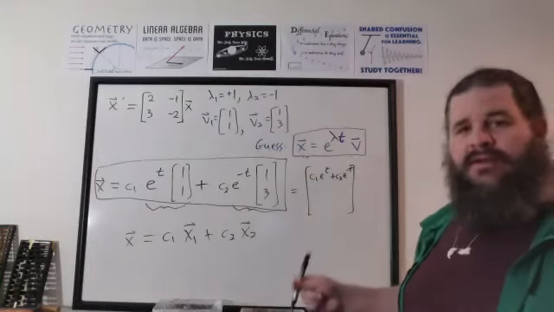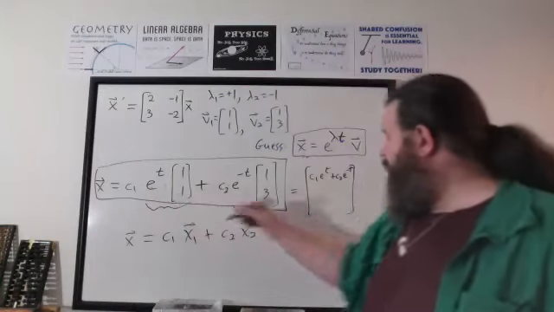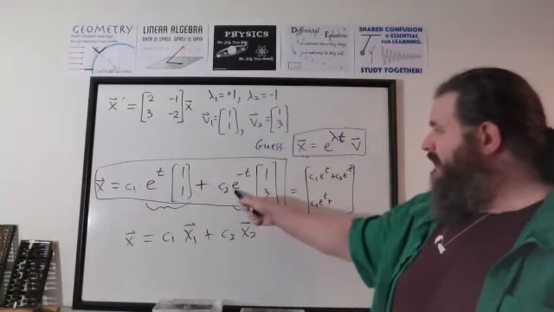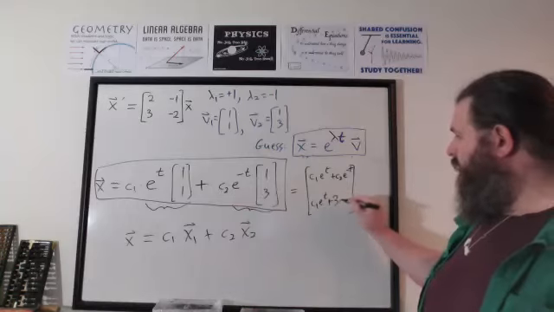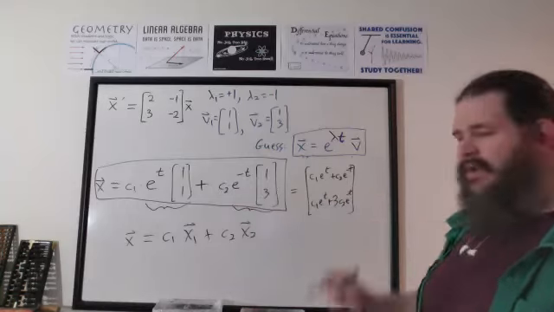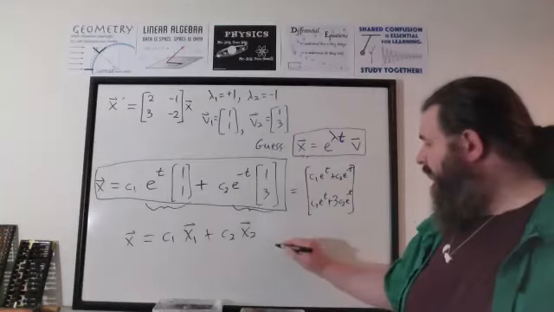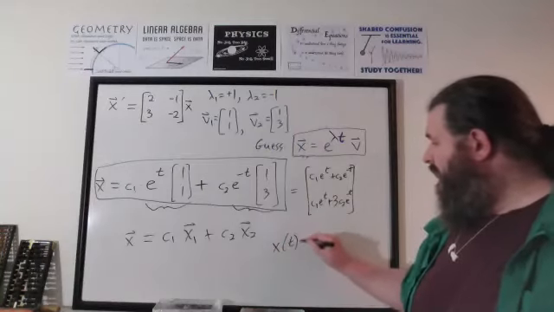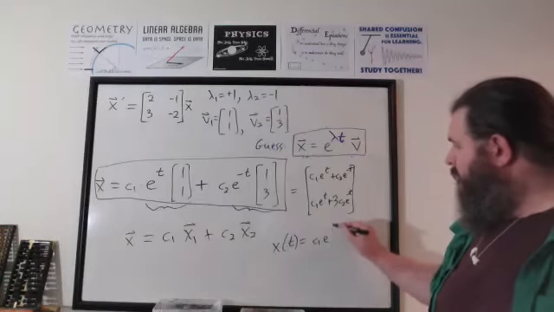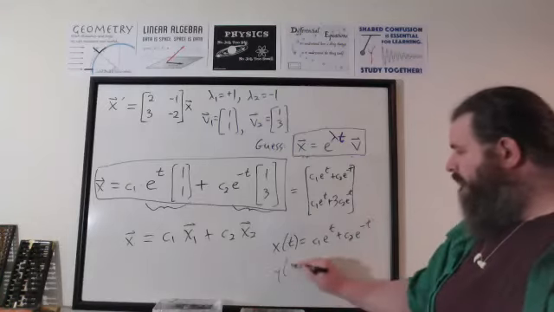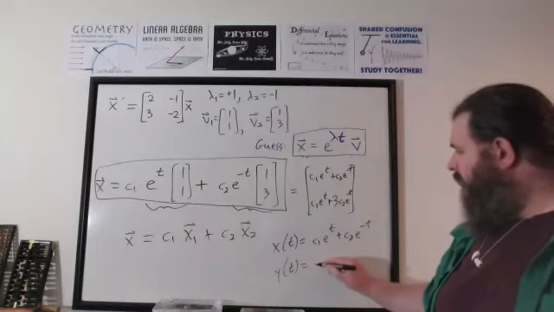And then the bottom coordinate, you've got C1 e to the t times 1 plus C2 e to the negative t times 3. So 3 C2 e to the negative t. So if you look at this in terms of parametric equations, you could say x as a function of t is the top coordinate, and y as a function of t is the bottom coordinate.